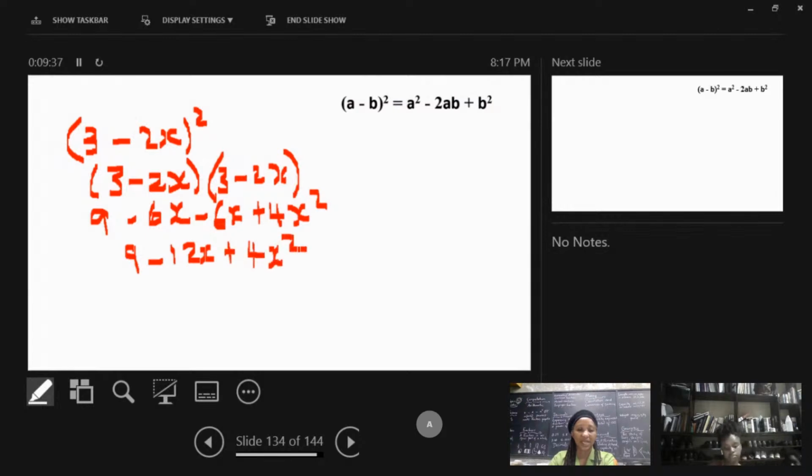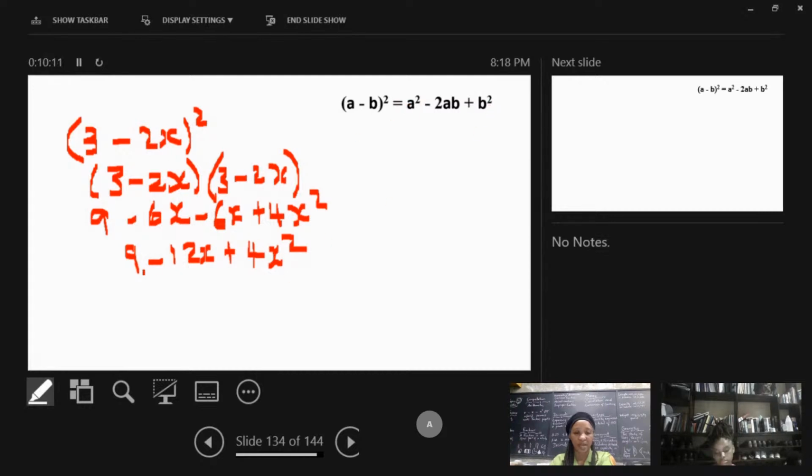So do we see that the 9 is a 3 squared? The 4x squared is a negative 2x squared. And in the middle, it's 3 times 2 times negative 2x. So the 9 is a 3 squared. The 4x squared is this term, the negative 2x squared.